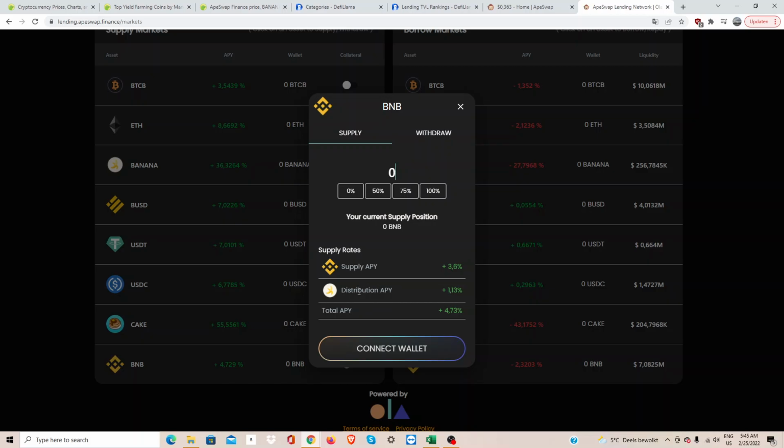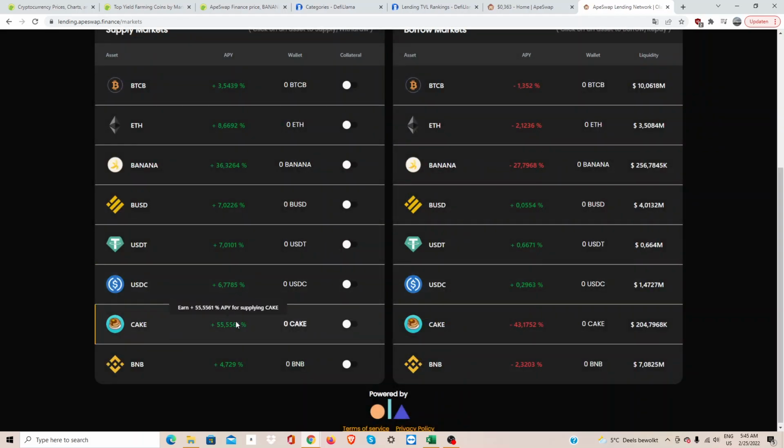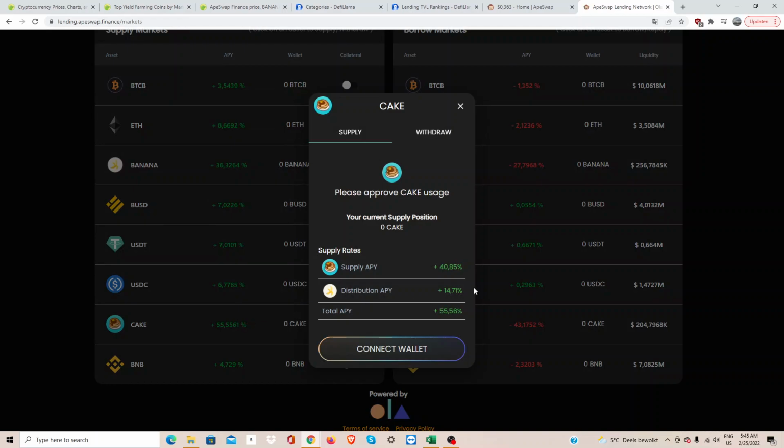So they're also using their token to give out yields. This one looks pretty low, but let's take a quick look at another one. Here it's significantly higher. If you deposited cake, you would be earning 40% in cake and 14% in banana coin.